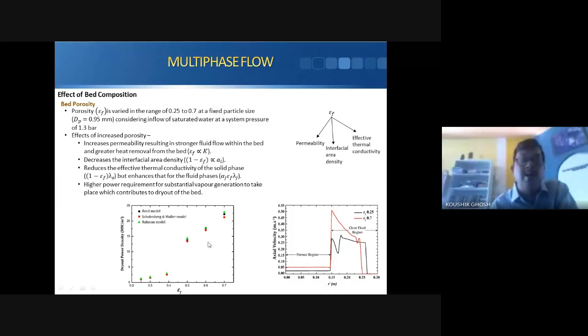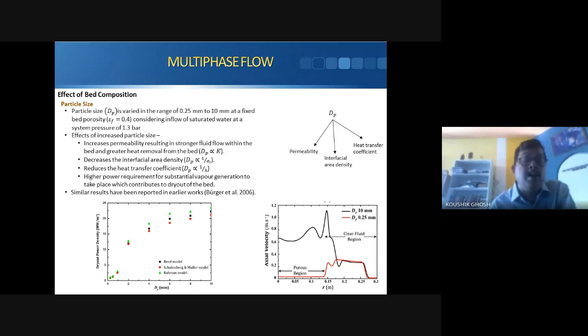You can see the dry out power and how it changes with bed porosity. As the bed porosity increases, the dry out power increases because the bed allows more flow inside it due to low resistance. Similarly, with an increase in the individual debris particle diameter, the dry out power increases, because of increased permeability, decreasing interfacial area density, and the higher power requirement for vapor generation.